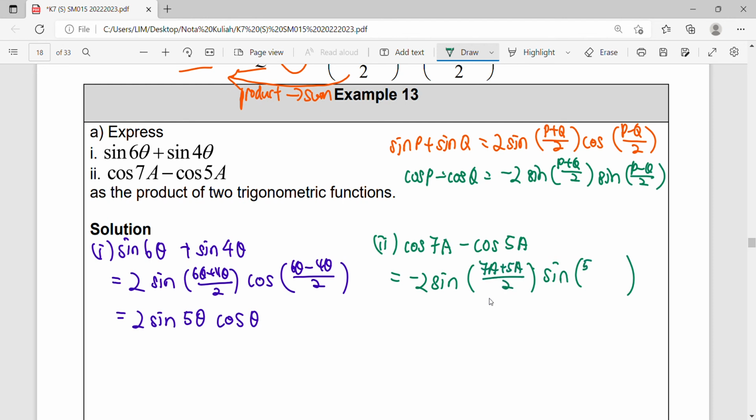The theta after it will be minus. So 7A plus 5A, 12A divided by 2, 6A. 7A minus 5A, 2A, 2A divided by 2, A. So we express the summation form in the product form. Daripada hasil tambah tolak, jadi hasil darab dah.